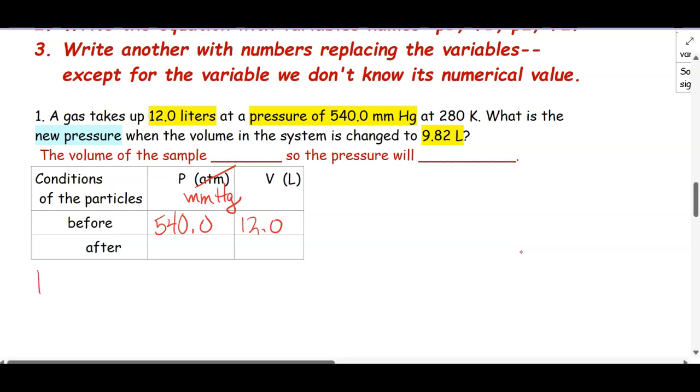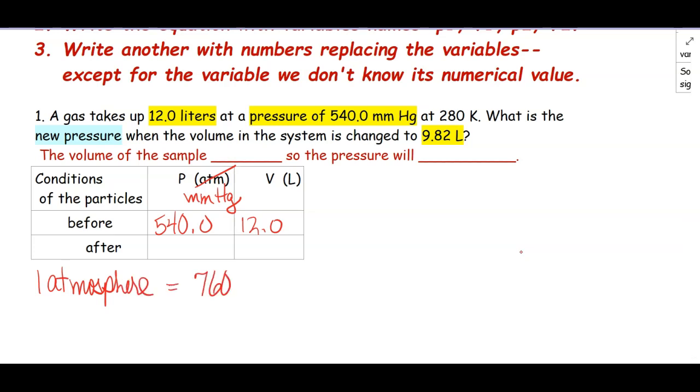All right, 1 atmosphere is equivalent to 760 millimeters of mercury. All right, this is standard air pressure. Why don't you write that down?